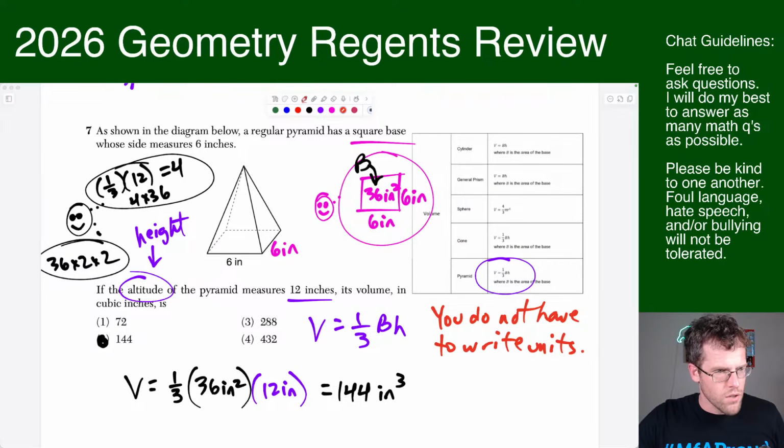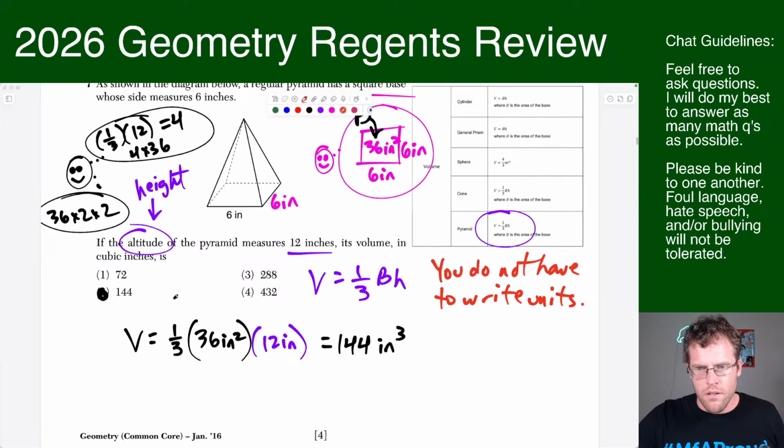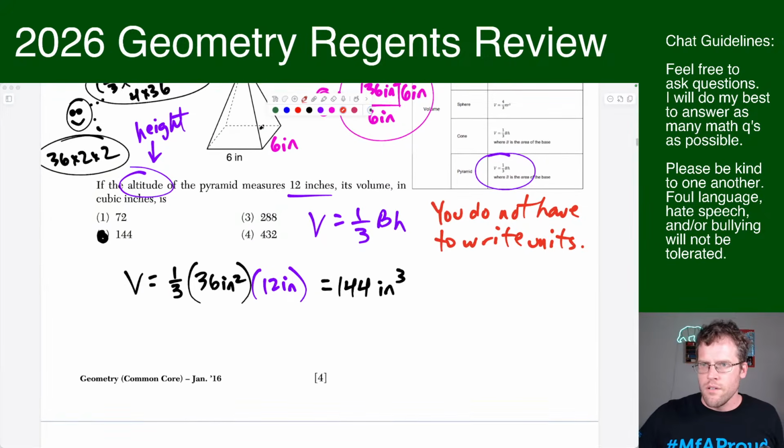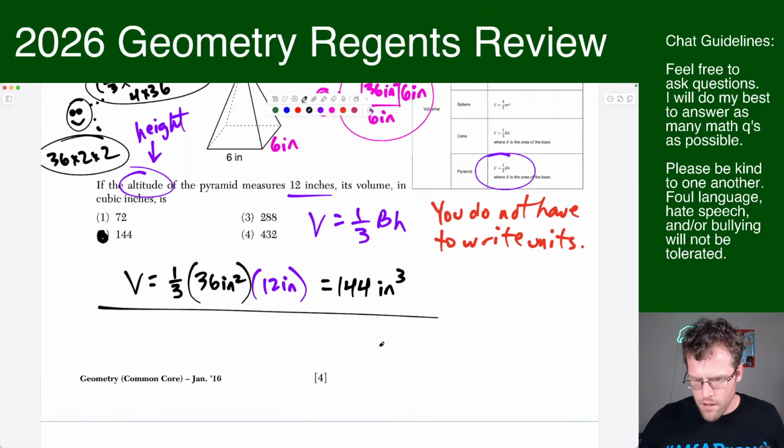Cool. All right, moving on. Oh, altitude and leg rule, could I remind? Let's see. Altitude rule. Let me flip through here and see.